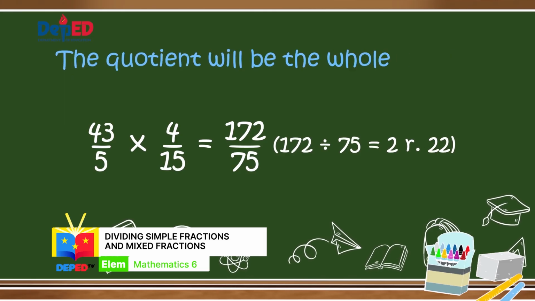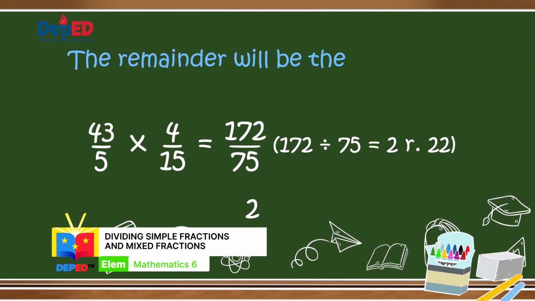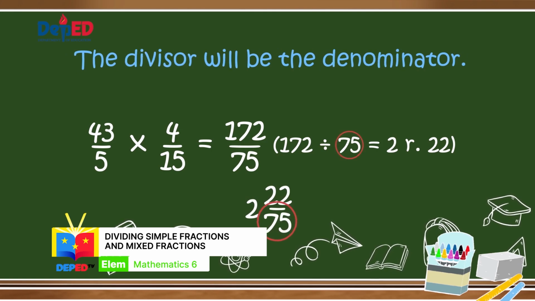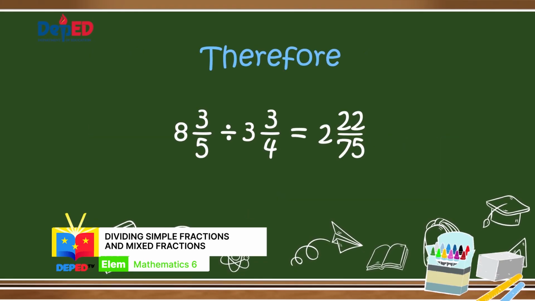The quotient will be the whole number, the remainder will be the numerator, and the divisor will be the denominator. 172 75ths equals 2 and 22 75ths. Therefore, 8 3/5 divided by 3 3/4 equals 2 and 22 75ths.